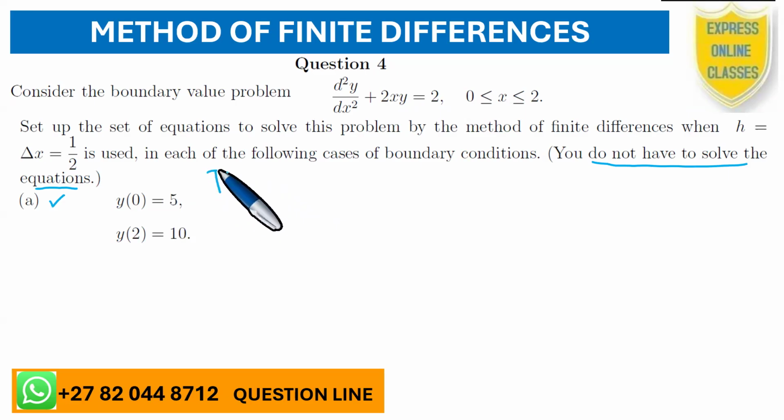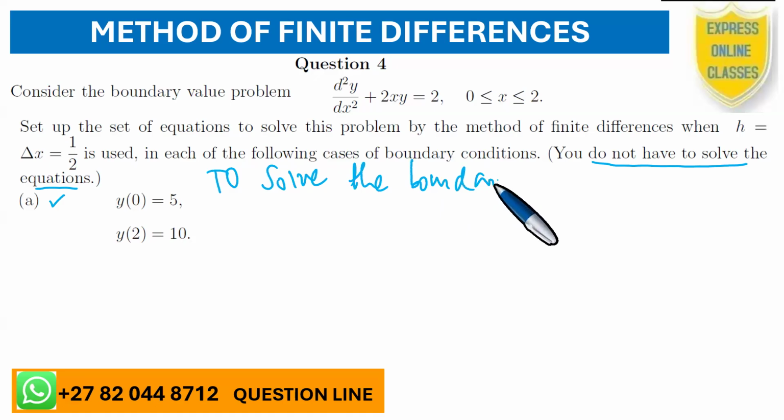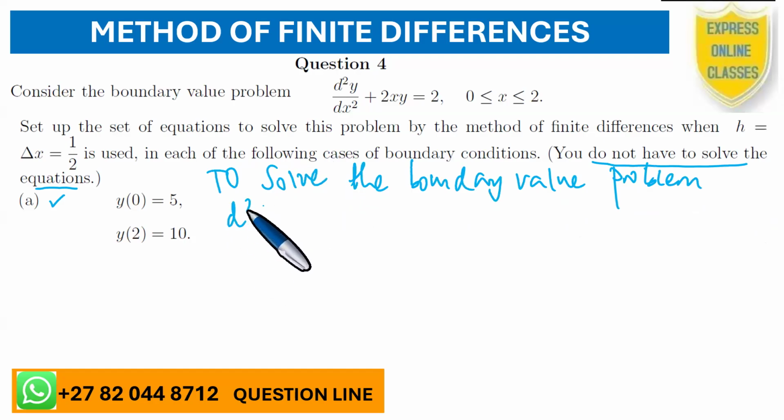Now, to begin with, we note that we want to solve the boundary value problem d squared y dx squared plus 2xy equals 2, which is the given problem.